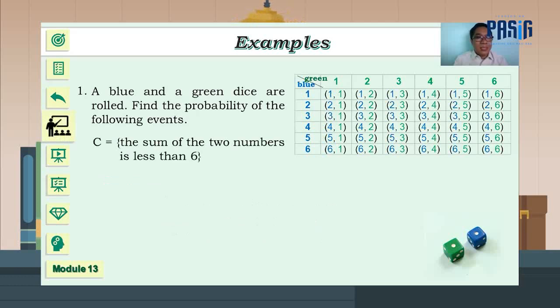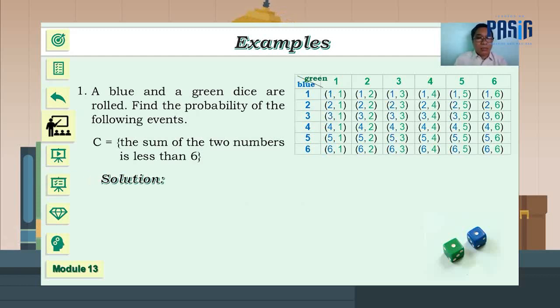Then for event C, the sum of the two numbers is less than 6. Back to the table, find the pairs of numbers whose sum is less than 6. 1, 2, 3, 4, 5, 6, 7, 8, 9, 10.